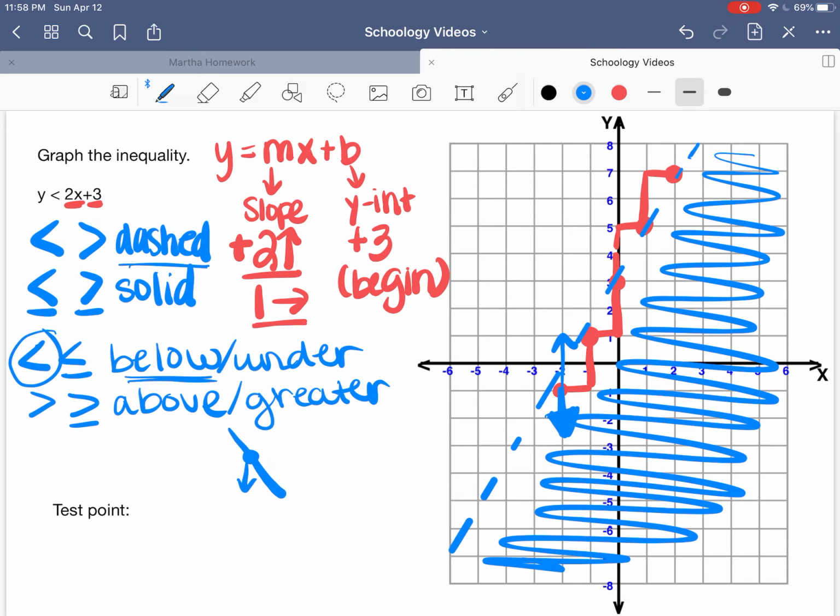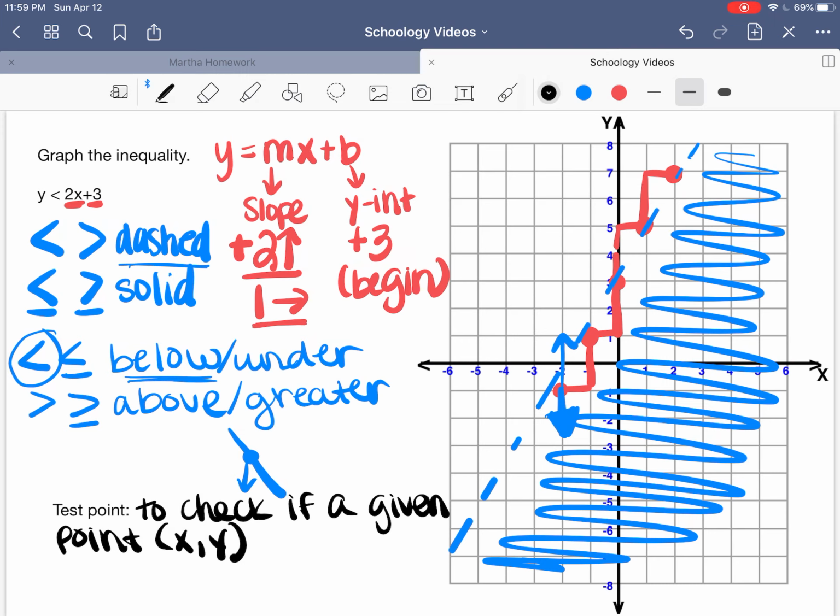All right, but on your assignments that you're given today, they're going to ask you for a certain point if it's part of your solution. So when they're asking for that, they're asking you to check test points. A test point is just for you to check if a given point, in x comma y form, is part of your answer, part of your solution.